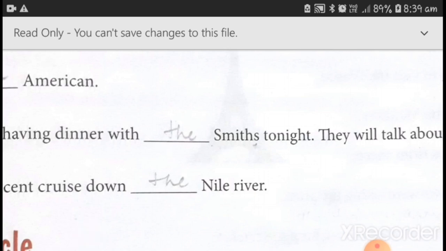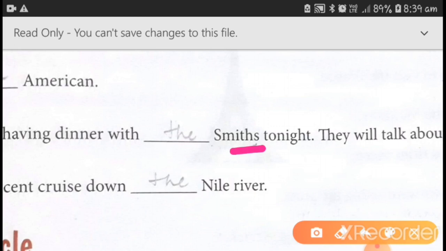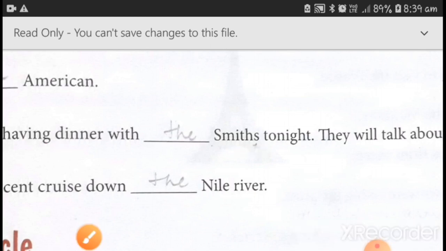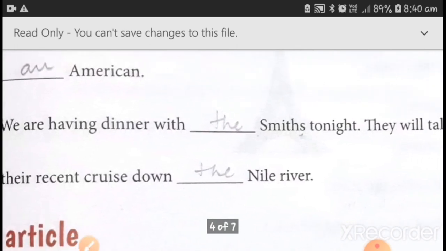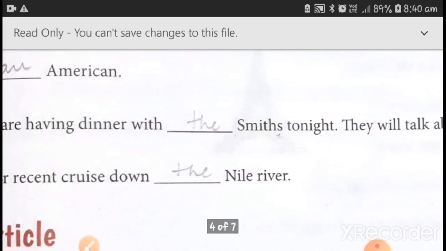Here it is a family name, so Smiths is a family name. And before dinner, before lunch, before breakfast, before the meals, we never use any article. So don't get confused. Nothing is mentioned here, but it is extra information I am giving to you all. Before the meals, we never use any article.